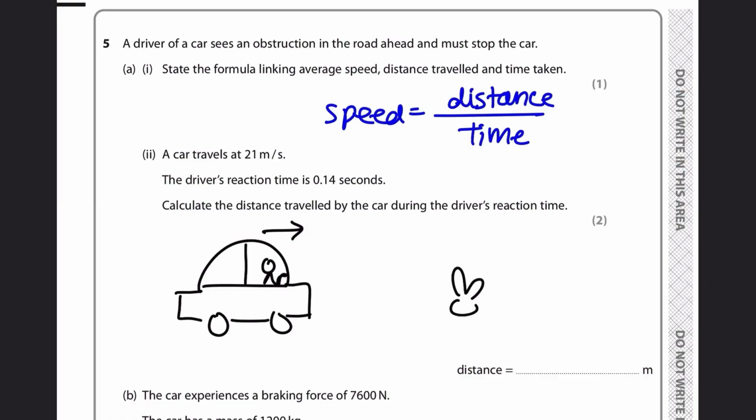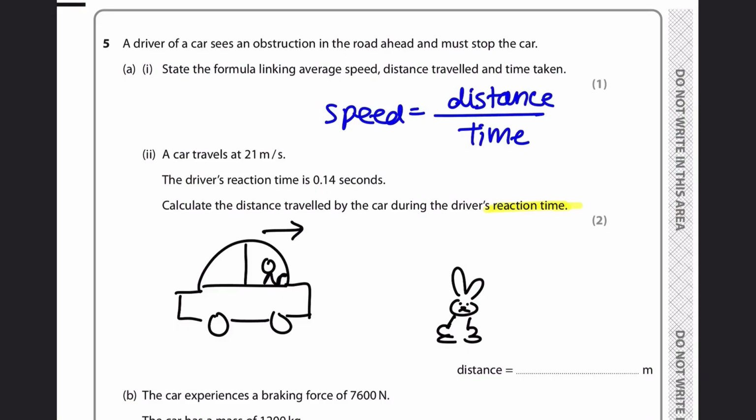And then you see a bunny. The driver sees a bunny. And when he sees the bunny, he needs to stop the car so it doesn't hit it. And the reaction time is the time between seeing that bunny and hitting the brakes. That's how long it takes.